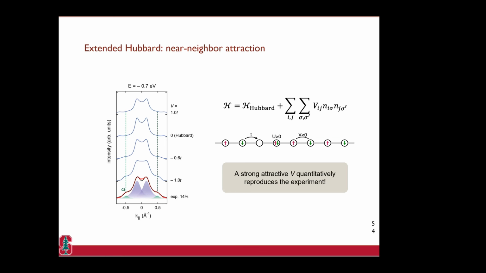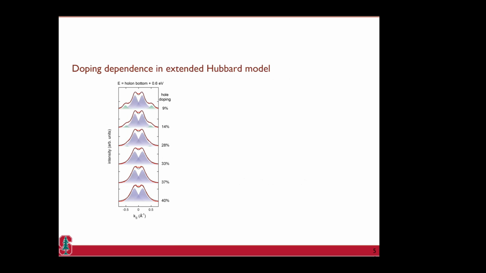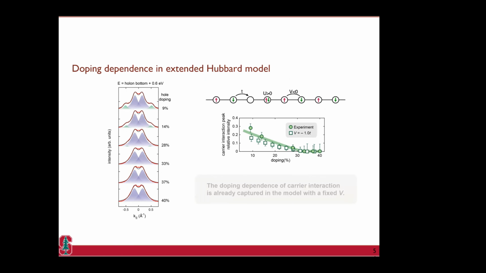So there is an additional term of order t. And again, you can look at the doping dependence because that's another knob. If you look at this feature, at low doping it is very prominent, but it sort of disappears around 28% doping. And this calculation also captures that doping dependence with just one extra term.